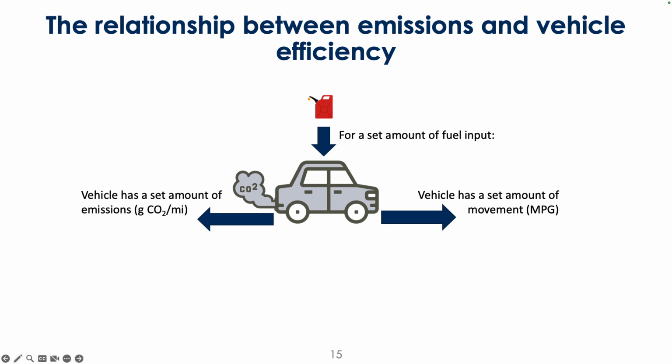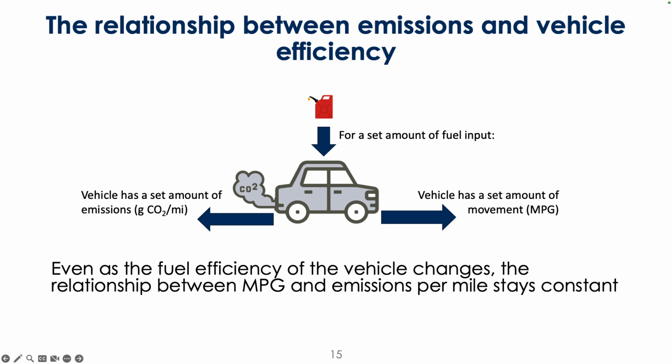Assuming perfect combustion, 1 gallon of gasoline will always result in the same amount of carbon dioxide, regardless of how far that vehicle is moving. The actual chemical output of the combustion process is just CO2. It's the oxidized fuel input.